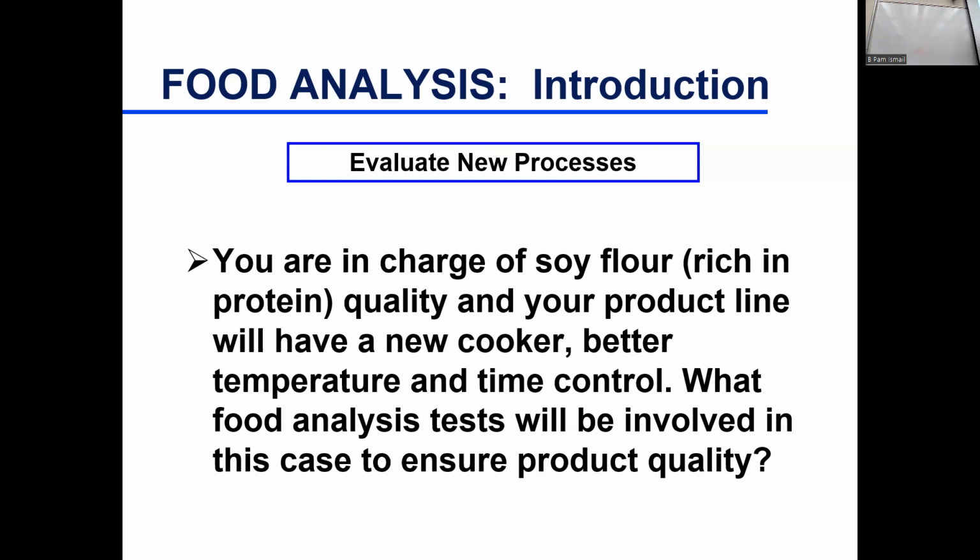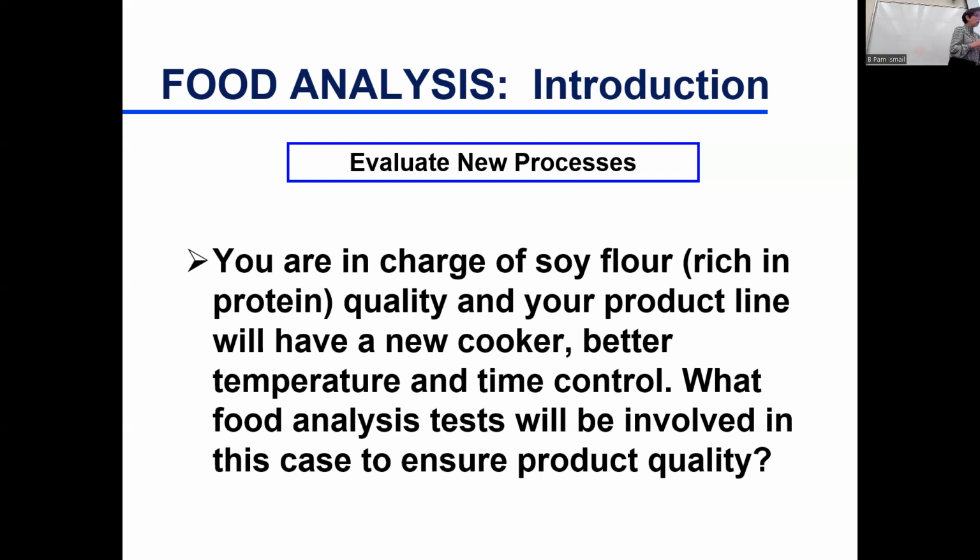So they replaced the cooker. They brought in a new cooker, and this new cooker can control time and temperature better. It's more efficient, but it might change certain parameters within the soy flour.